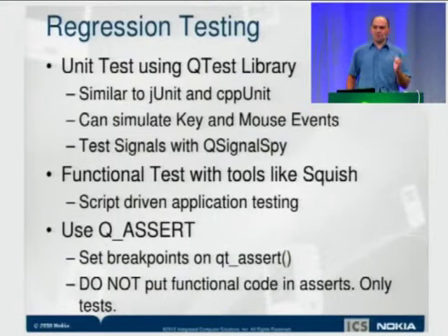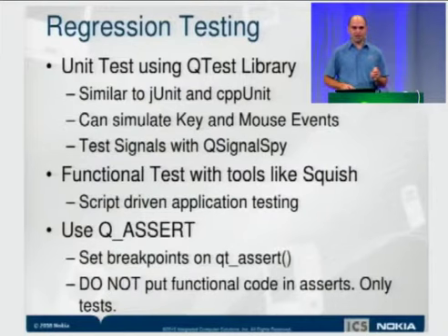Also, you may notice if you read the source code to Qt, all over the place there are Q_ASSERTs, and there are Q_ASSERT_X's. These are asserts, just like regular asserts, that are going to basically bomb your application. Never put any functional code into asserts. They are compiled out in a release mode binary.